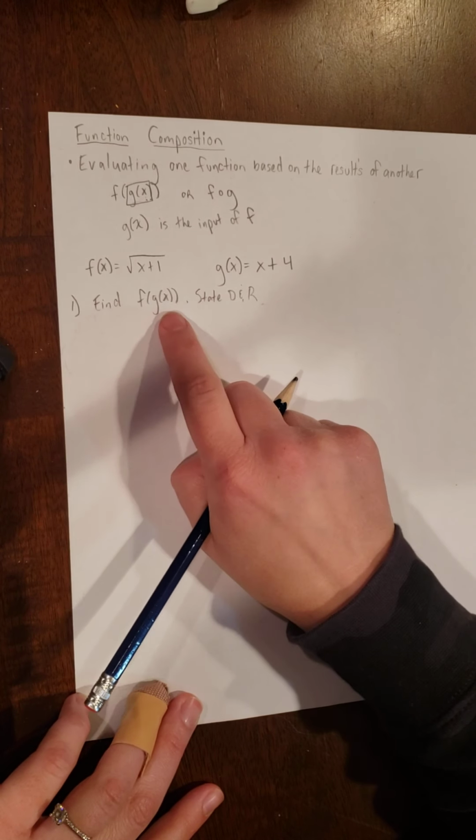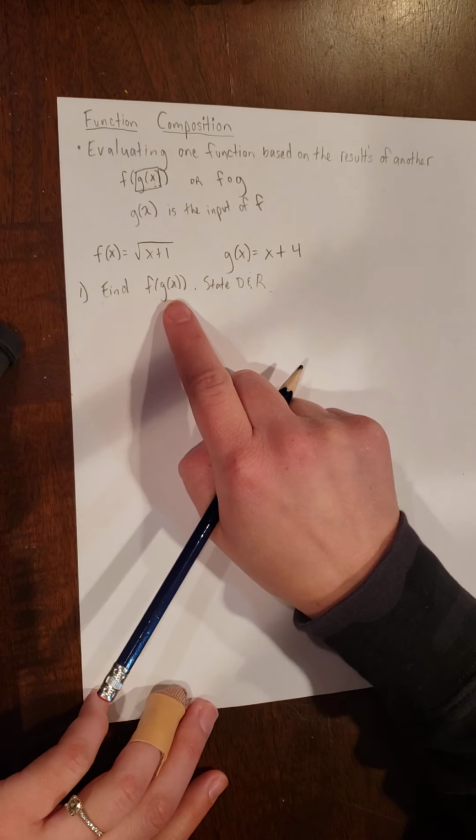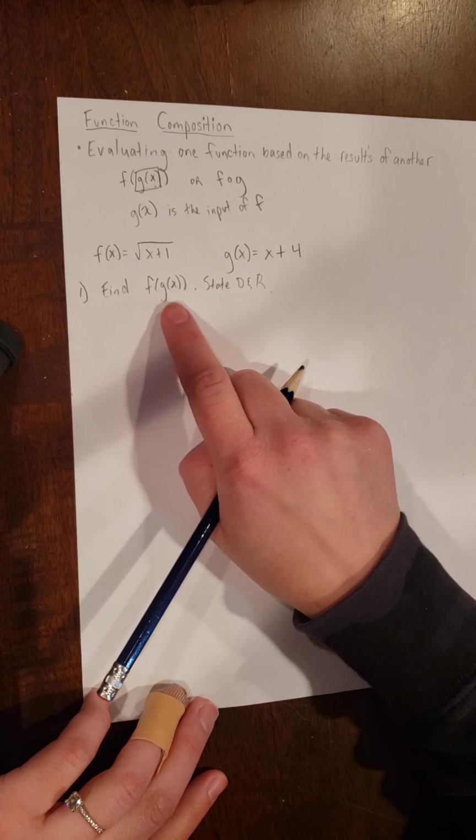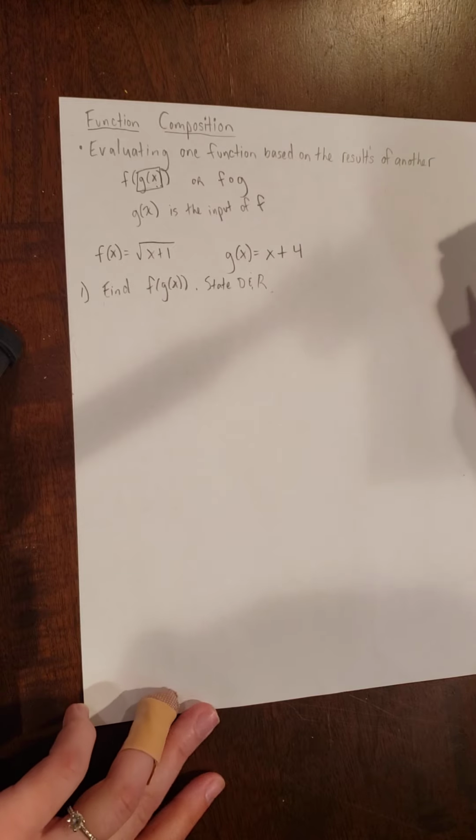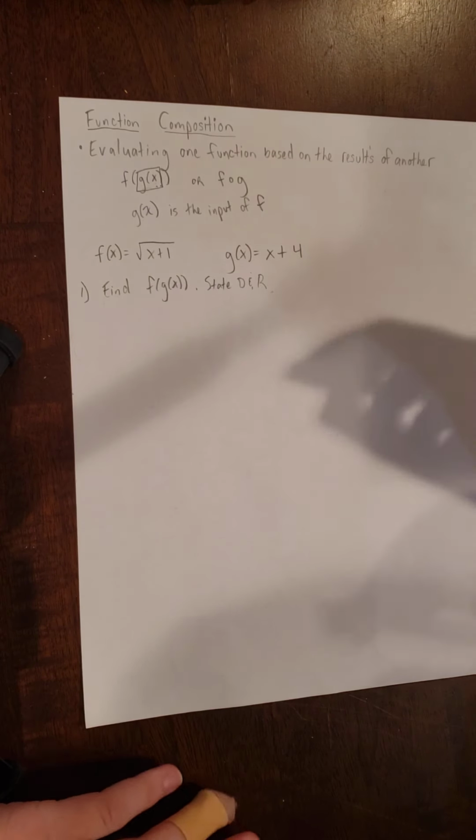So f of g of x is going to be a new function. What you have to keep in mind when you state the domain is you can only plug in numbers that are going to output real numbers.